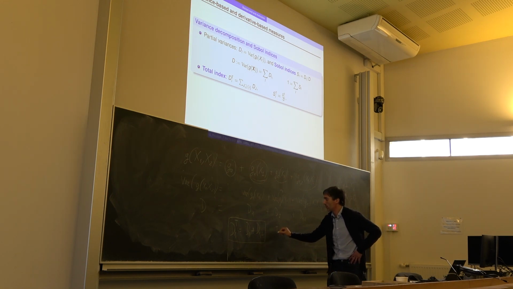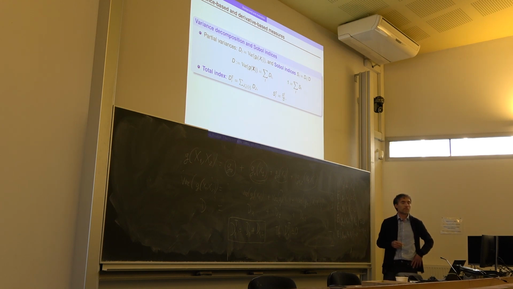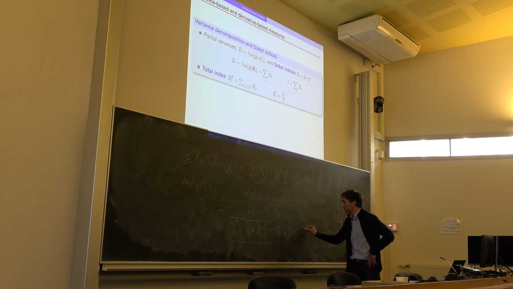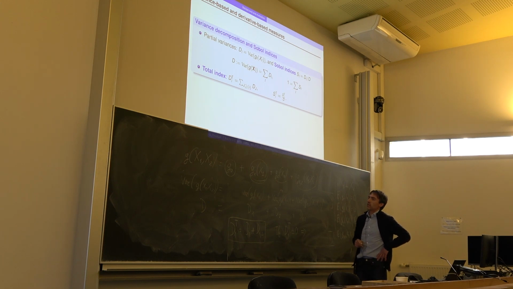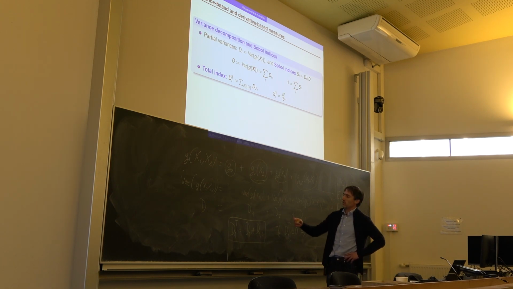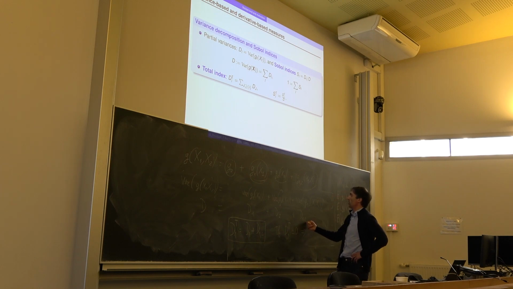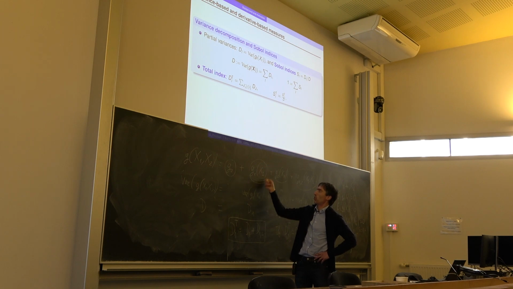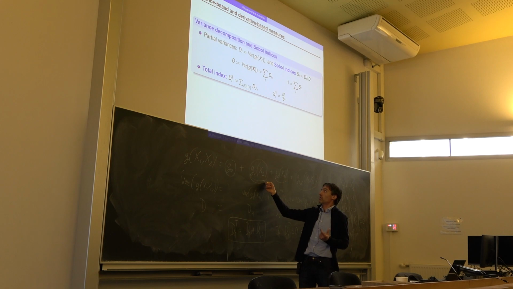And if D1 total is 0, then it means that D1 is 0, D12 is 0. So it means that these terms have 0 variance, so it means that they are constant. But remember that they are centered. So it means that they are exactly equal to 0.